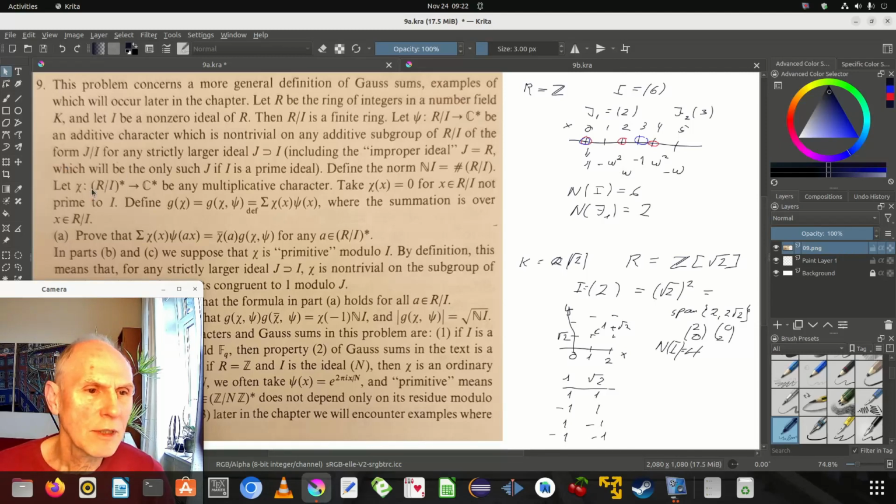And then the multiplicative group. So up here, the multiplicative group consists of 1 and 5.